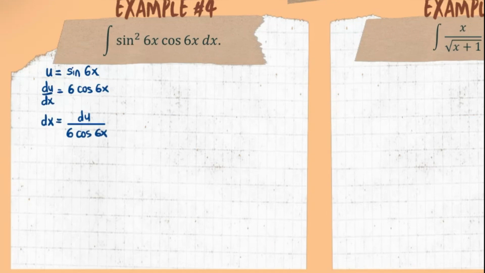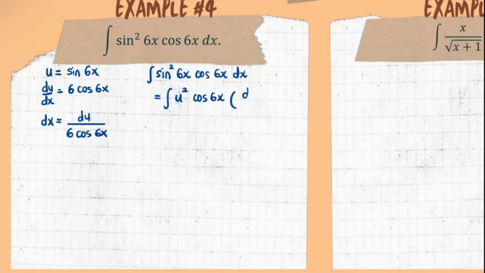Alright, now this function sin squared 6x cos of 6x dx will be written as integrate u squared. Okay, cos of 6x ini masih kekal dan dx adalah du over 6 cos 6x.